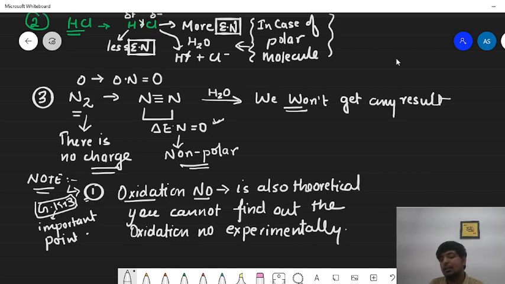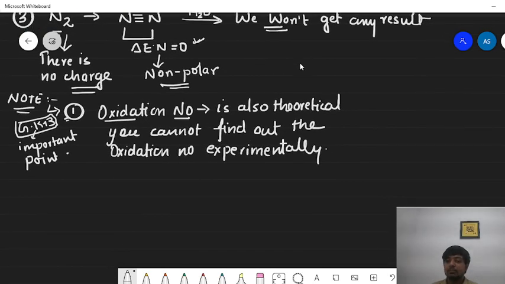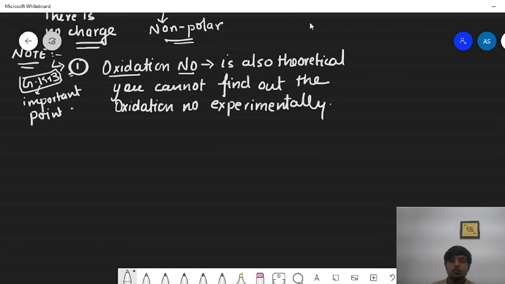If anyone is thinking that we can find out the oxidation number of an atom in a molecule, it is impossible to calculate it with a practical or an experimental method. It is only theoretical. It is only present on pen and paper. Is it clear? It does not have any experimental significance. Is it clear, my dear students?